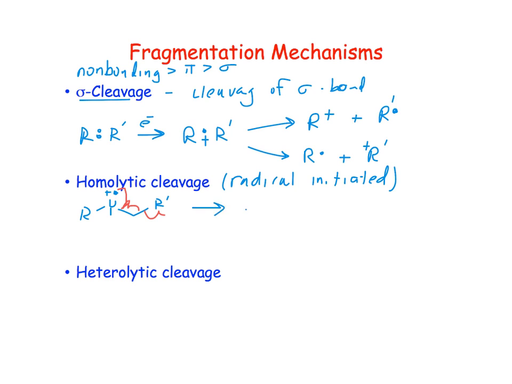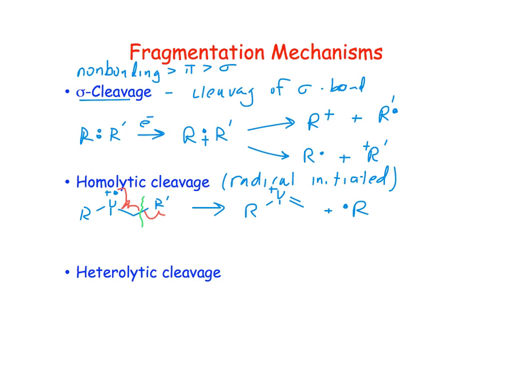It goes to Y and forms a double bond here. We cleaved that bond and got a radical over here. We still have a plus on that heteroatom. So we've cleaved this bond right here. We'll look at more examples later.